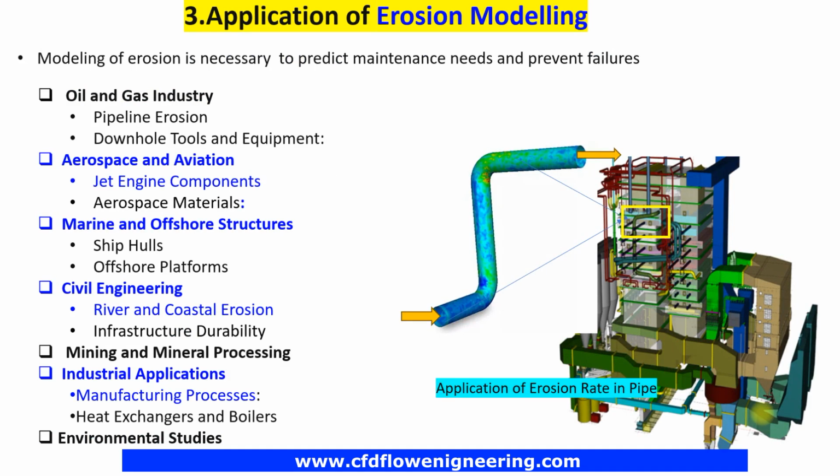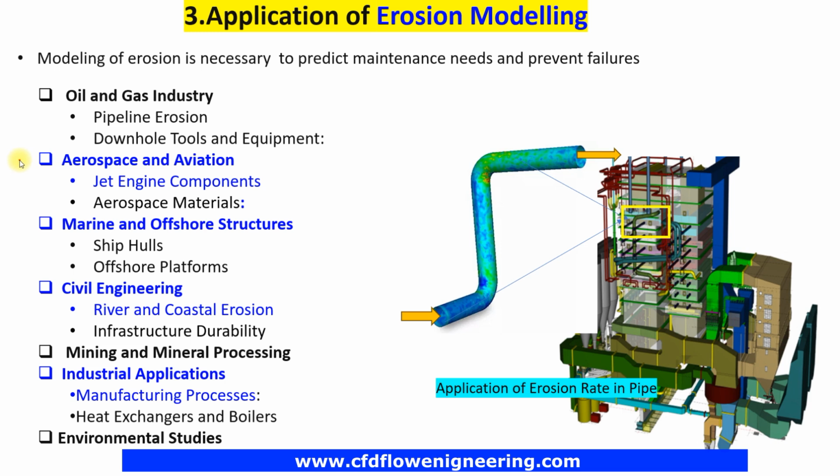Erosion rate modeling is essential in many industrial applications to predict the maintenance and failure of parts. For example, in the oil and gas industry, pipeline erosion is very essential, and it is also essential in downhole tools and equipment.